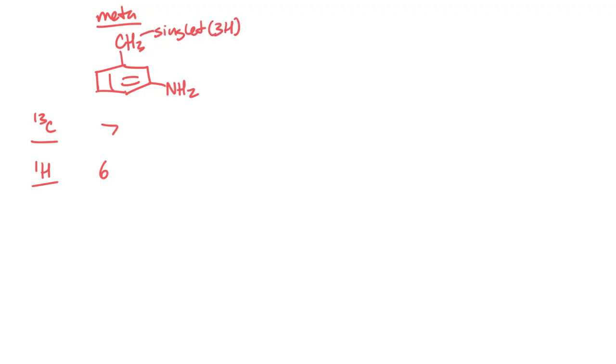So a singlet that integrates or has a ratio of 3. So if we walk around the ring, we'll do clockwise. Carbon, no hydrogens. Carbon, 1 hydrogen, so CH. How many neighbors does that have? So that has none. So that's also going to be a singlet.